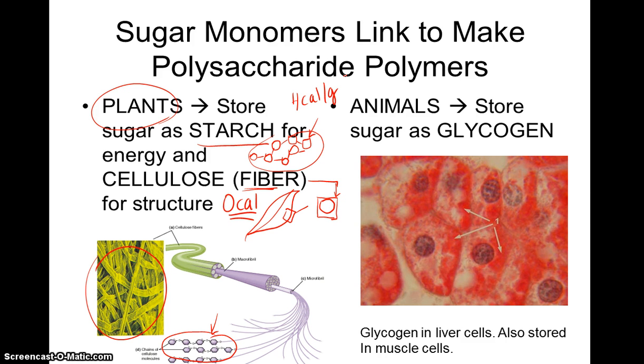Now, in our cells, when we eat sugar, we store that as glycogen. Glycogen is kind of like a temporary storage molecule. We take all the simple sugars, all the monosaccharides from our food, and we convert them into glycogen. Glycogen lives in our liver cells and our muscle cells.